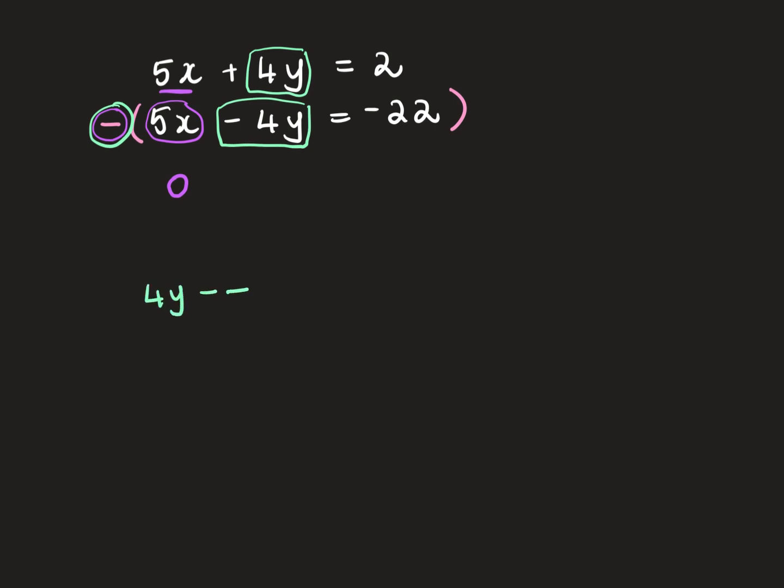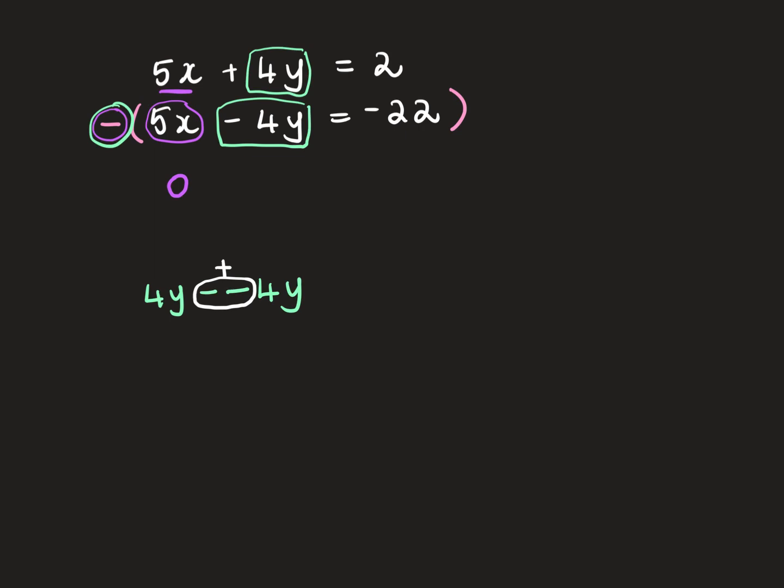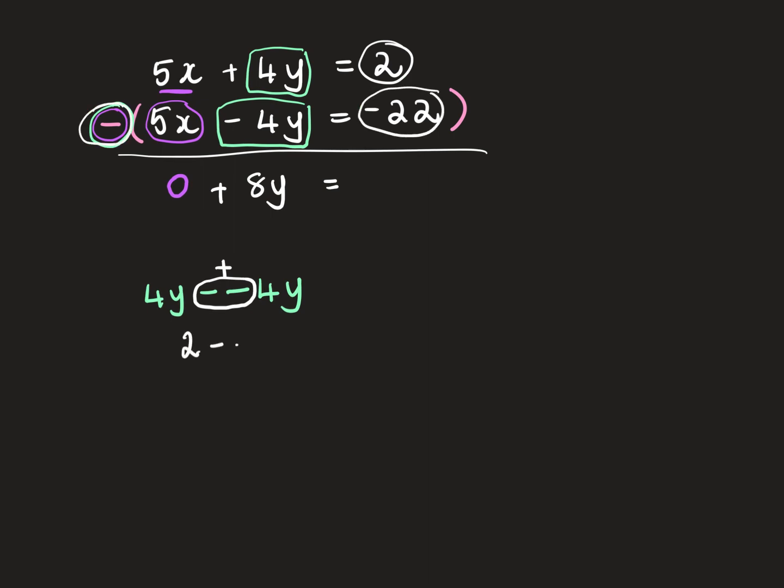Well, when we've got two negative signs there, what happens? 4y minus -4y is the same as 4y plus 4y, which is 8y. And what are we saying here? 2 minus -22, that's the same as 2 plus 22, which is 24.